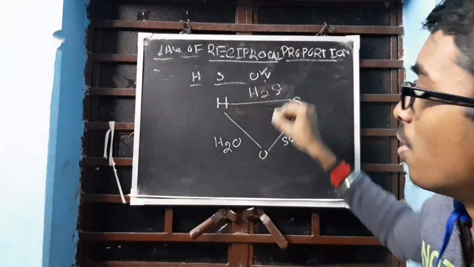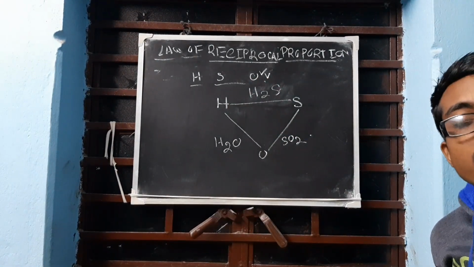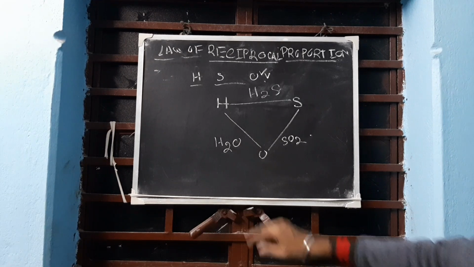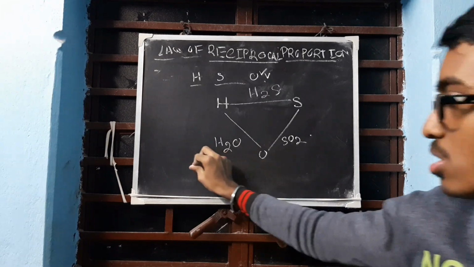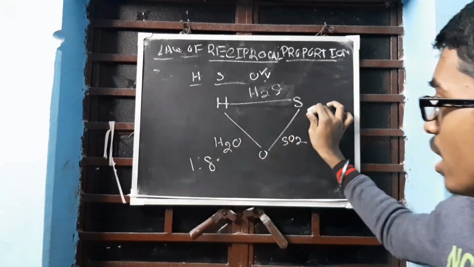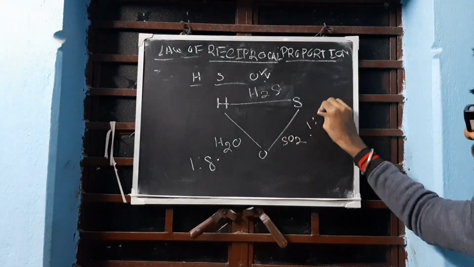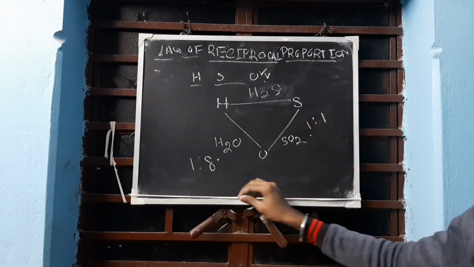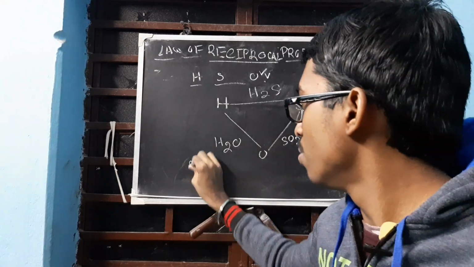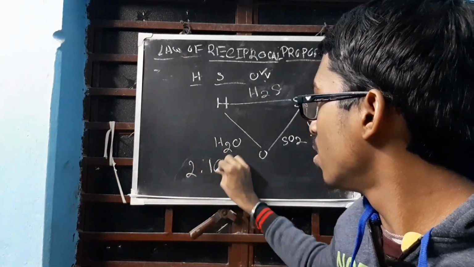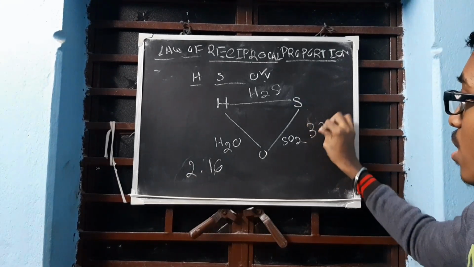Now according to the law, when they combine individually, what is the ratio? This is 2 is to 16, that is 1 is to 8. Here, what is the ratio? This is 1 is to 1. Or I can say, do not write 1 is to 8 right now, because it will be 32 is to 32.